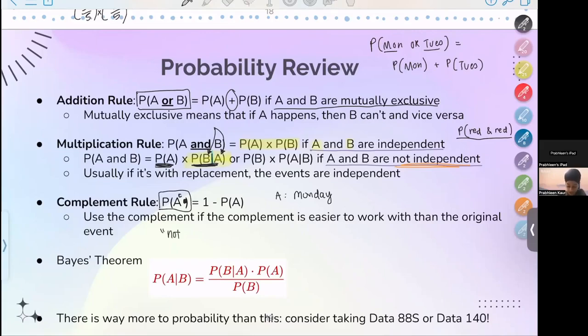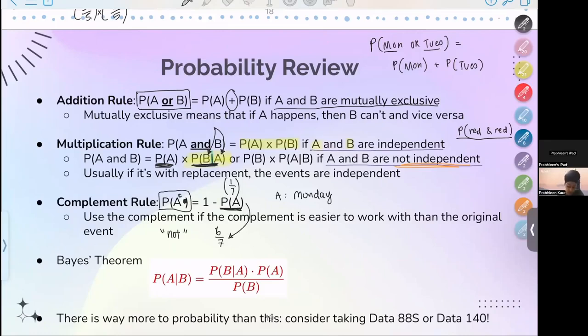So the word not is usually there, or something similar. The probability that it's not Monday is 1 minus the probability that it is Monday. So let's say 1 out of 7 weekdays it's Monday. So the probability that it's not Monday would be 6 out of 7.